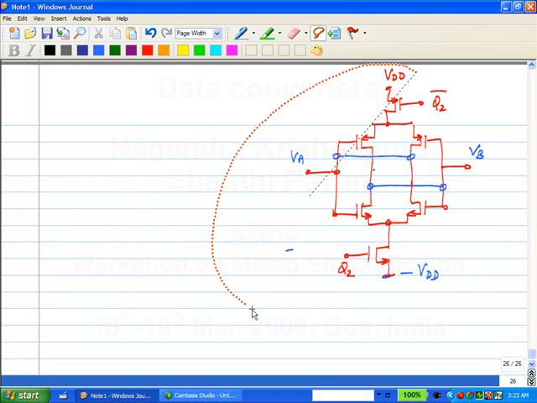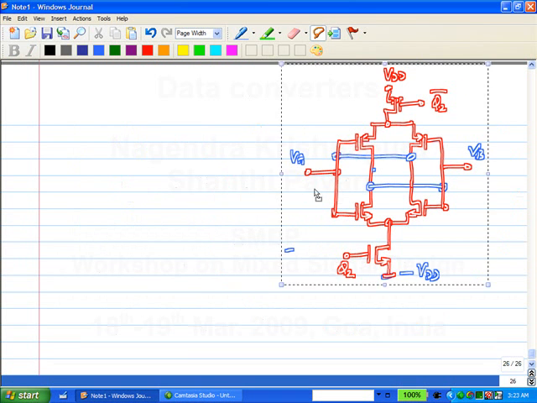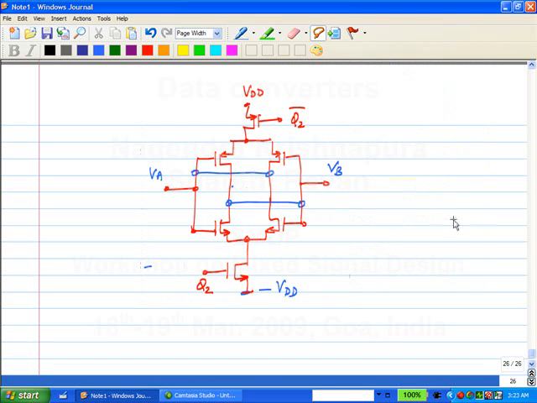What all do we need to add? We need to add the switches phi 1, correct?